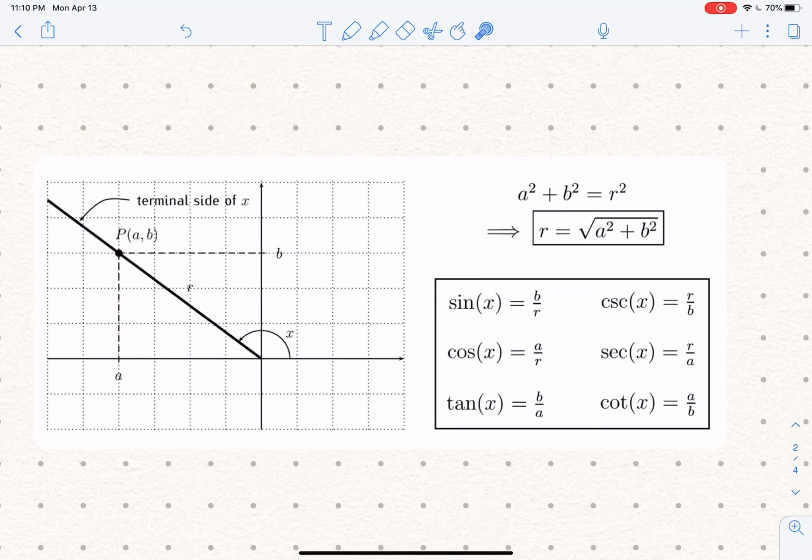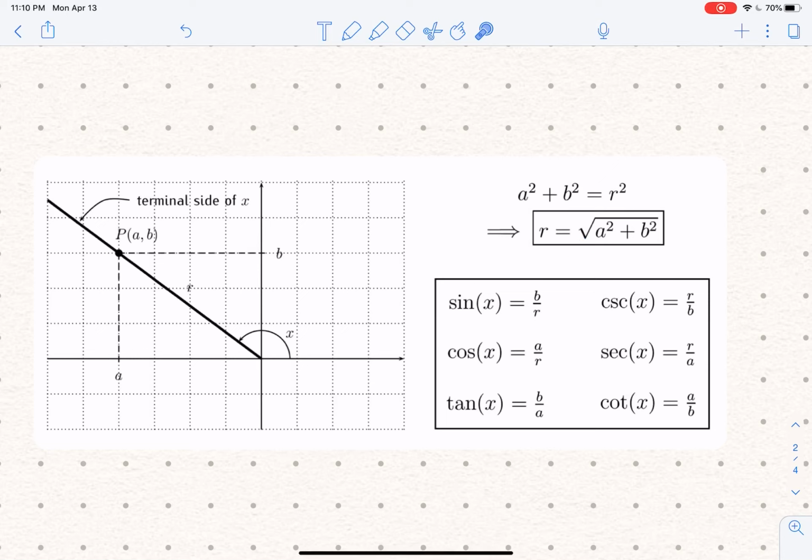So it's not strictly the length of the side. The idea is the length of the side, but it could be negative or it could be positive. In this case, since the point is in the second quadrant, the x-coordinate is negative, a is negative, and the y-coordinate is positive, b is positive. Something to notice, r, this distance, is always a positive number because it's the positive square root of a squared plus b squared.